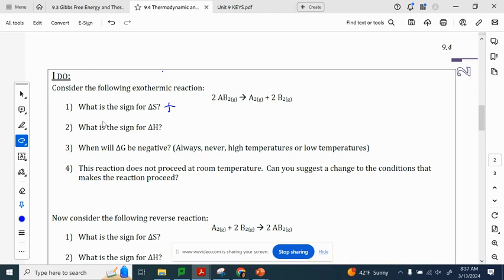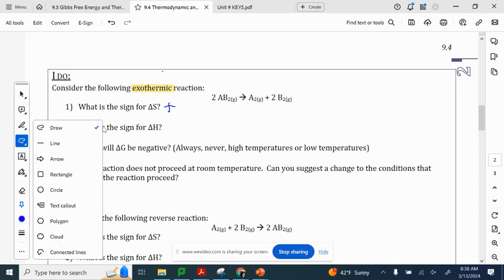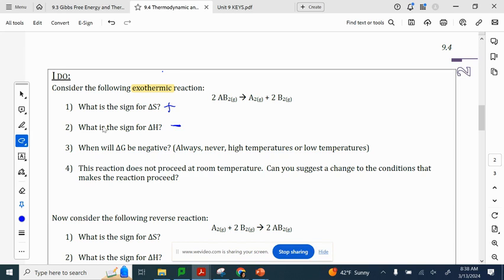How do you know? Nope. That's not how you know. How do you know? Ah, yes, right there. It's an exothermic reaction. So if this is an exothermic reaction, that means that our delta H is negative.